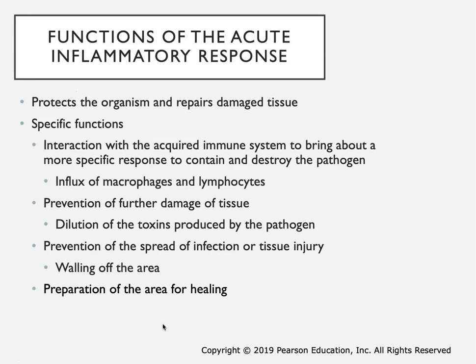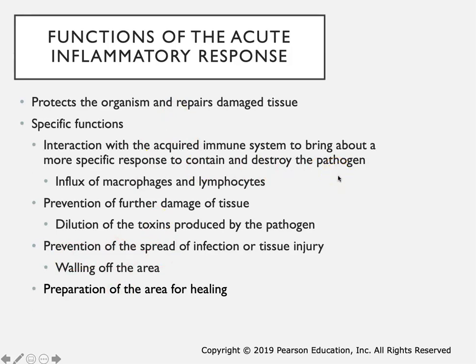Now, let's talk a little more specifically about the acute inflammatory response. That was an overview to compare acute and chronic. If we talk about acute, the function is to protect the organism and to initiate repair. More specifically, it will interact with the acquired immune system.